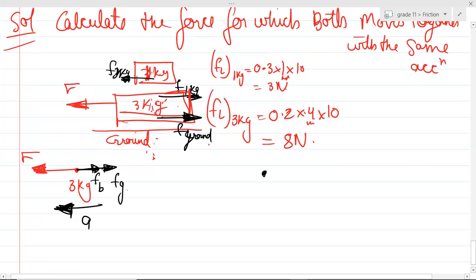This will be the same friction. Instead of naming it like this, I can just name it as F1 and F2. Is it fine? Because you people will get confused. So F1, F2, and here also it will be.